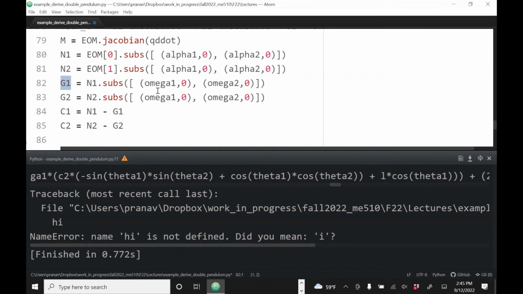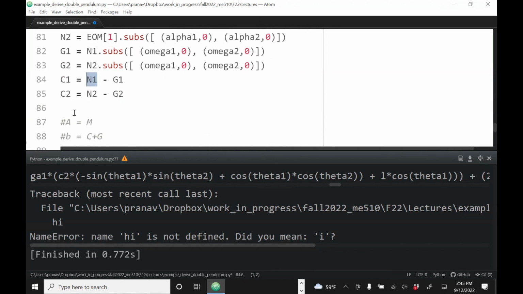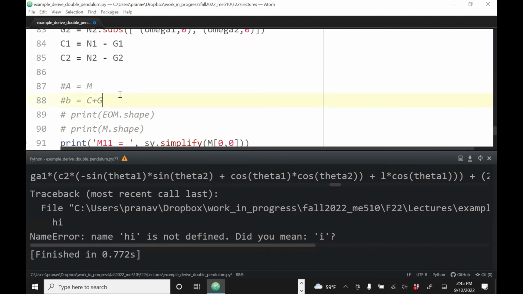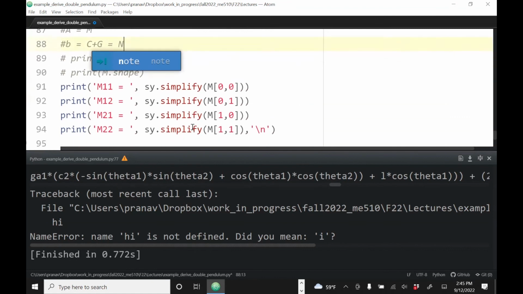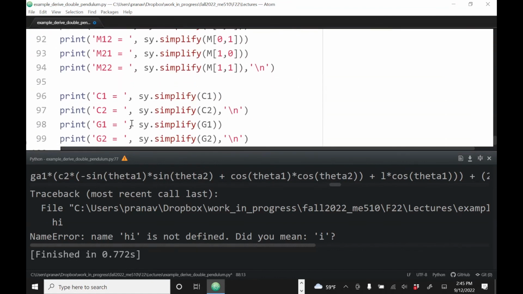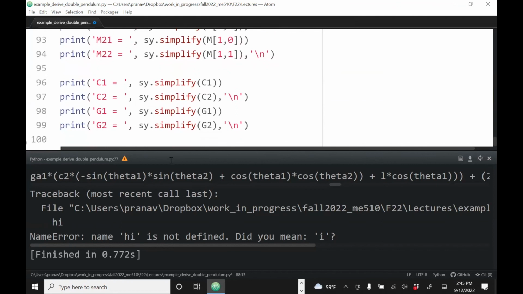Once I know the gravity term, I can subtract it from the total B1, which is N1, and get C1. So they're just tricks to get the answer, but they're not very essential. Okay, and so what I did was I wrote down A, C, and G, and that's the output.